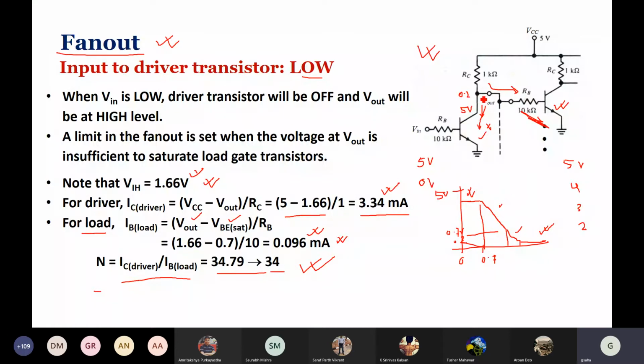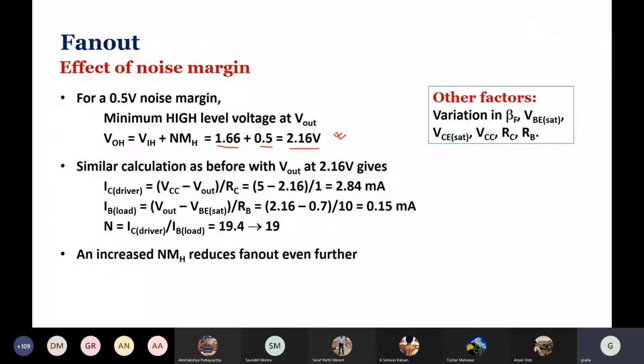At that time the load current changes from 0.096 to 0.15 milliampere, and if you just divide, you get the number 19. Okay, is this understood? If I give you some small problem in tutorial or in class test, you should be able to do it. Okay.